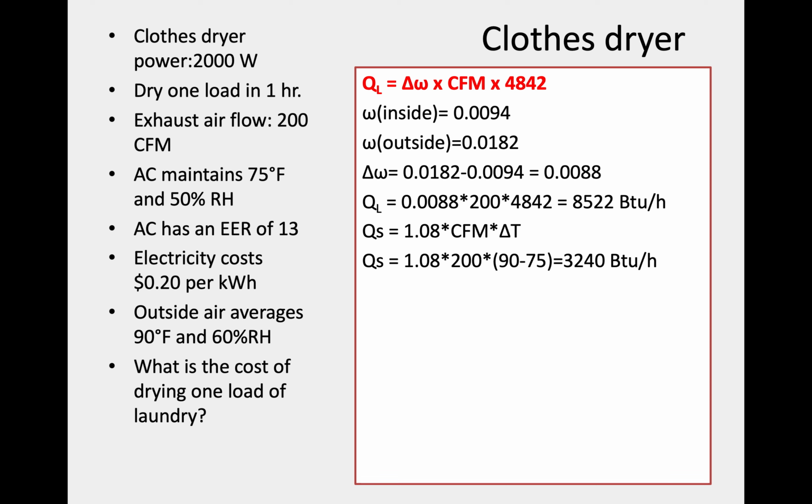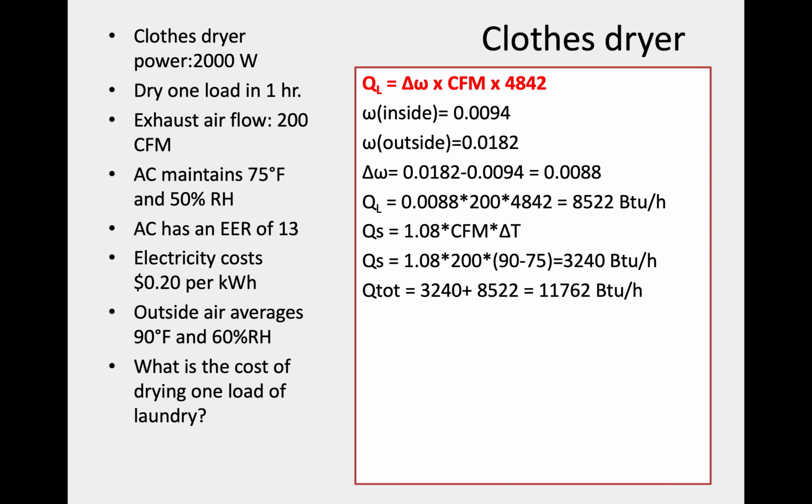This should look familiar, 3,240 BTUs per hour. So the total in the air, right, is the combination of those two, the latent and the sensible. And you'll notice that in this case, the latent heat is a lot bigger.